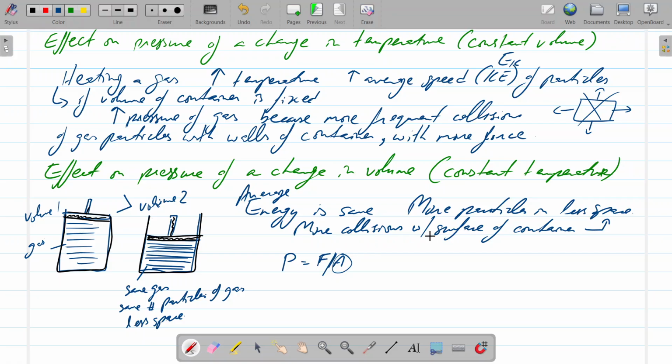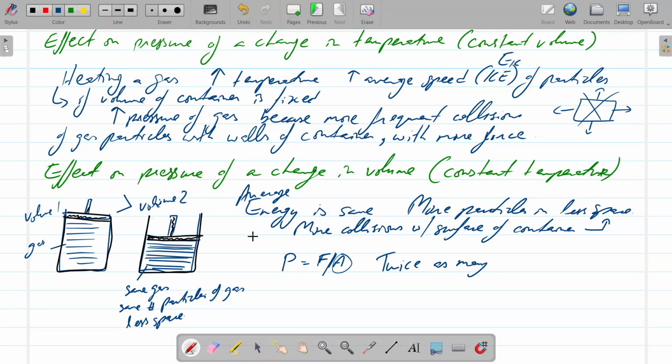Basically what's happening is you have twice as many collisions happening per second. Right, and this is in case you've halved the volume. Doesn't seem like it's half, but let's assume it's half.